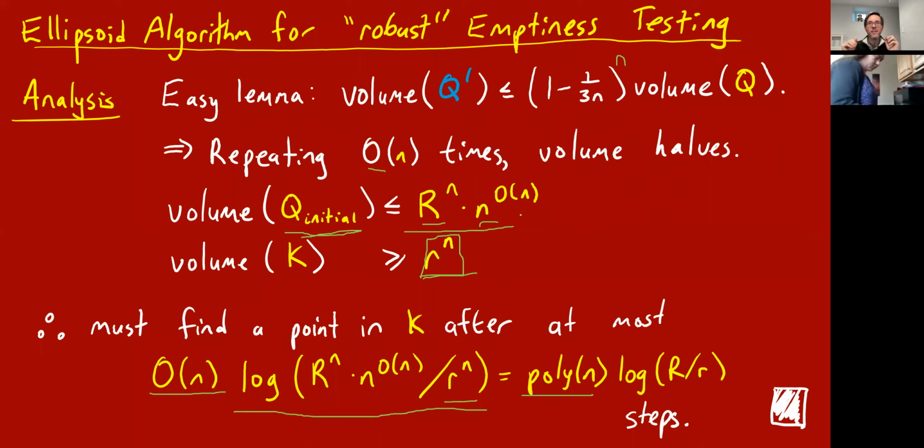So I didn't make that point, but that's the case. I forget the formula off the top of my head, but in n dimensions, the volume of a unit sphere is like n to the n, and then the capital R to the n is because it's a radius R sphere. Okay, great.